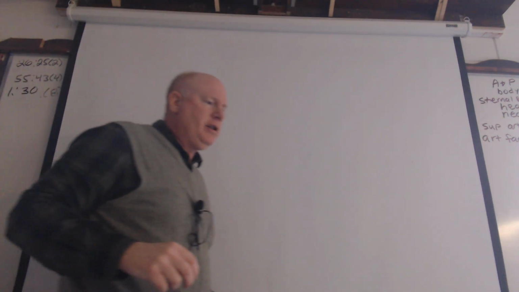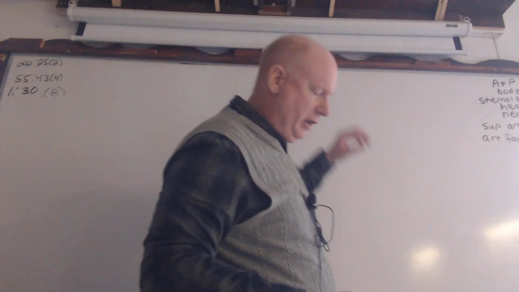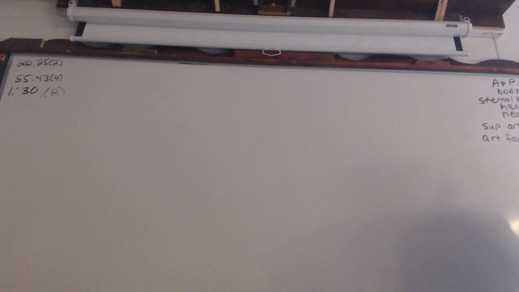So this is what I want you to do. If you get your table out, okay, pick an element between 91 and 99. 92. Okay? 92 is uranium. Okay?